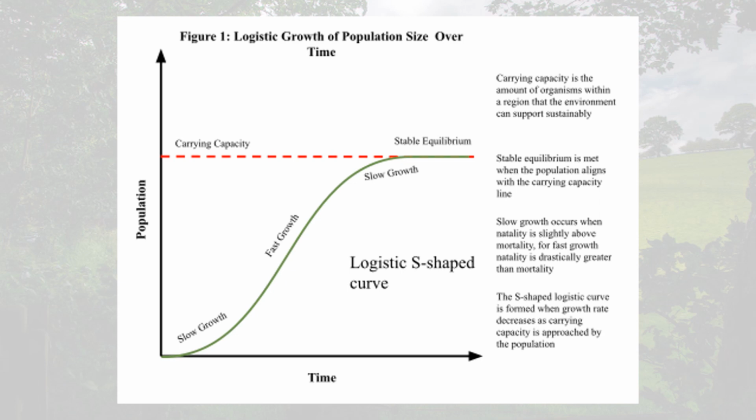These relationships give us two main types of curves, the J-shaped and the S-shaped sigmoid curve, where the J-shaped curve shows exponential growth, and the S-shaped sigmoid curve shows logistic growth.